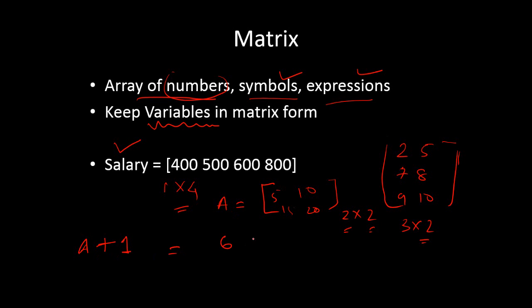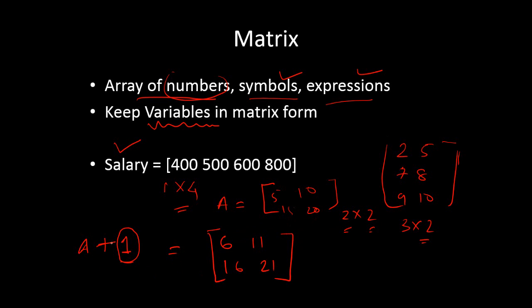It will become 6, 11, 16, 21, right? We call this a scalar because this is just one number, mathematically we call it a scalar. So when we add a scalar to the matrix, it gets added to all the elements of the matrix. So it gets added to 5, 10, 15 and 20, right? So we get a new matrix, right?